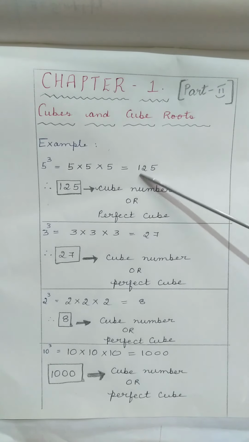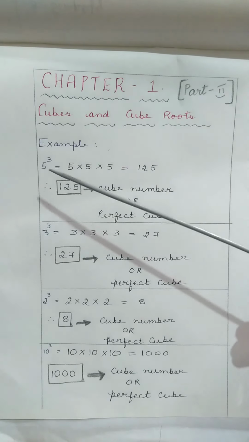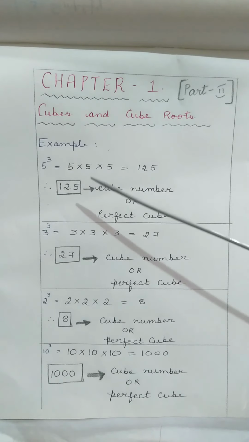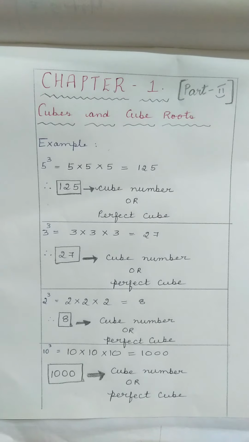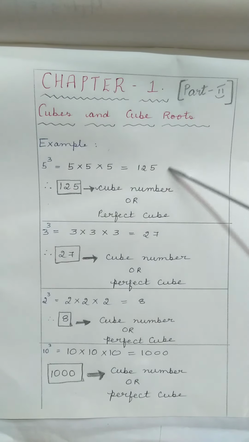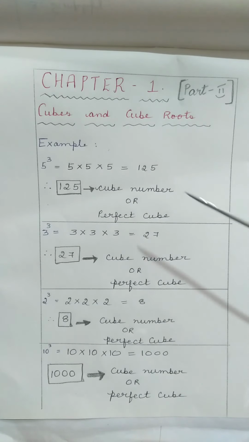that is equal to 125. So, the number obtained when a number is multiplied by itself 3 times is known as a cube number. Therefore, this 125 is called a cube number or perfect cube.